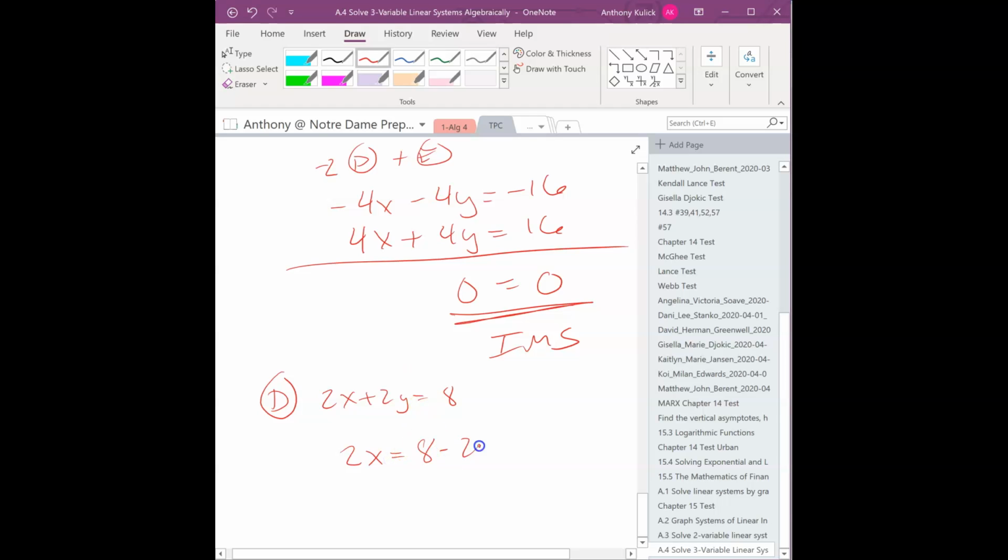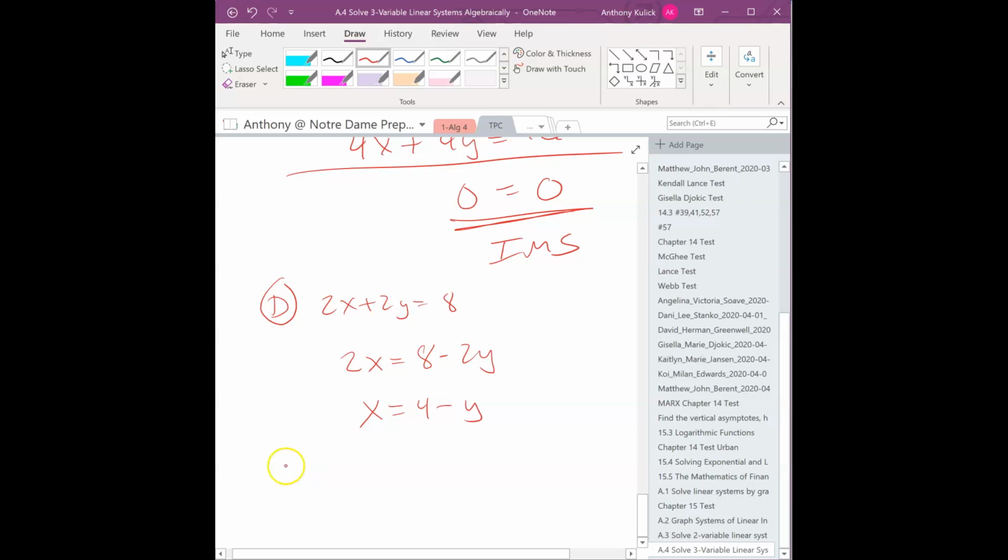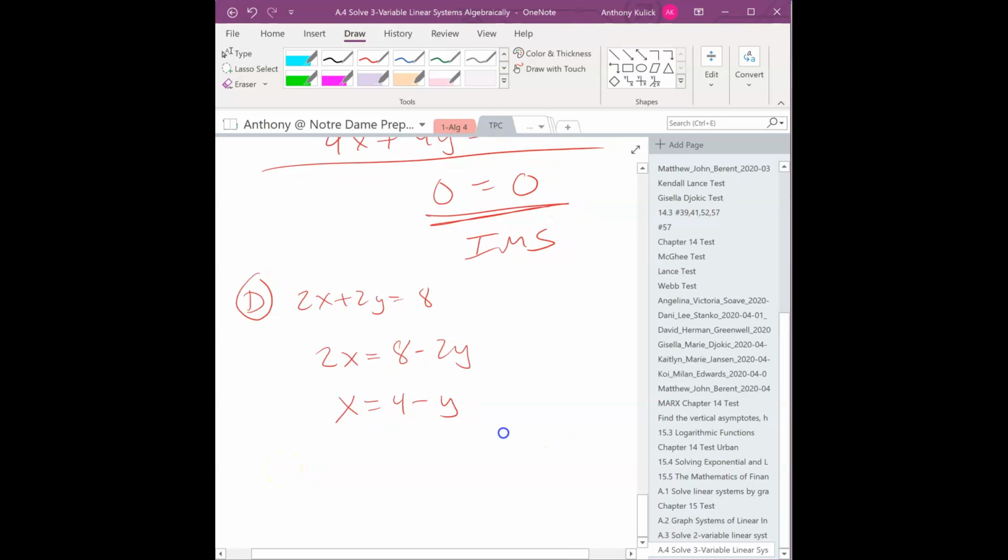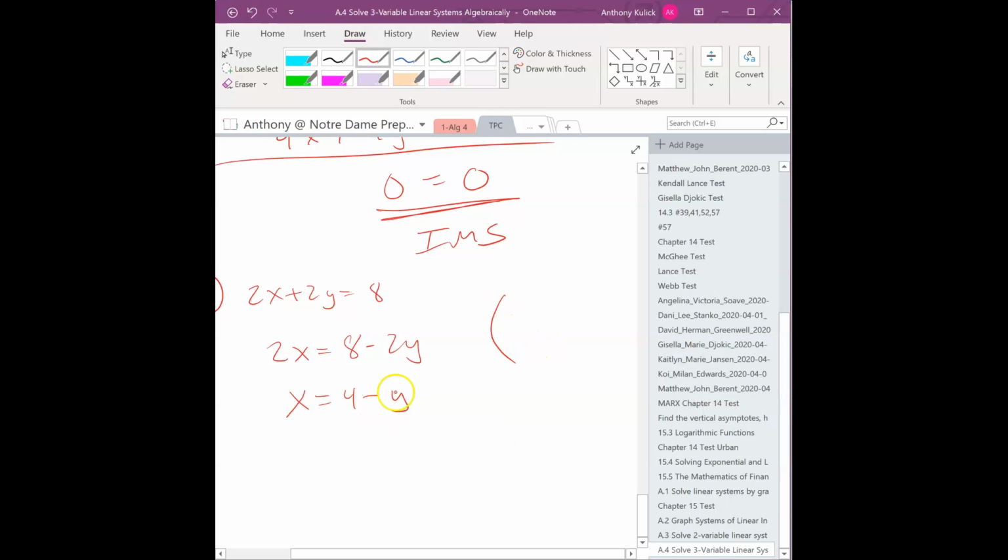So I'll subtract 2y from both sides and then divide both sides by 2. Everybody okay there? So when I write my solution, the x coordinate is going to be found by doing 4 minus y. Since this is in terms of y, I'm going to put a y there.